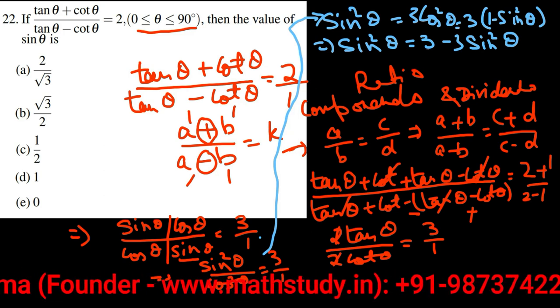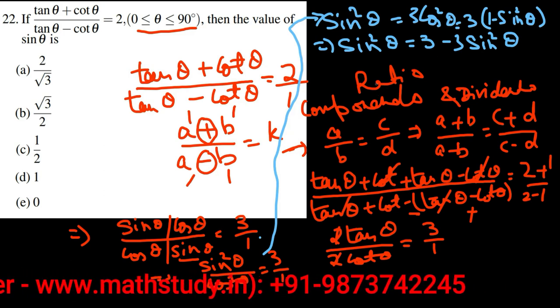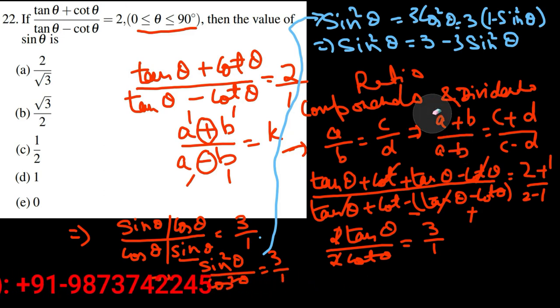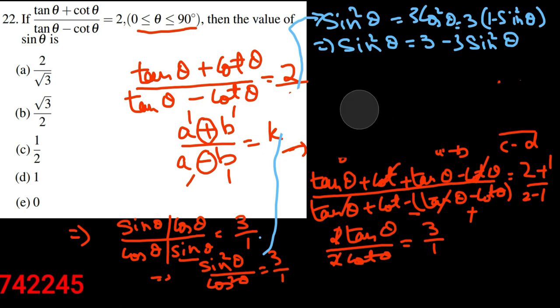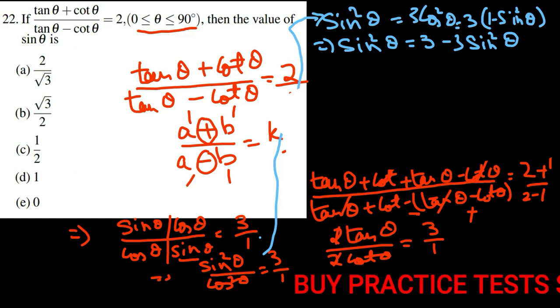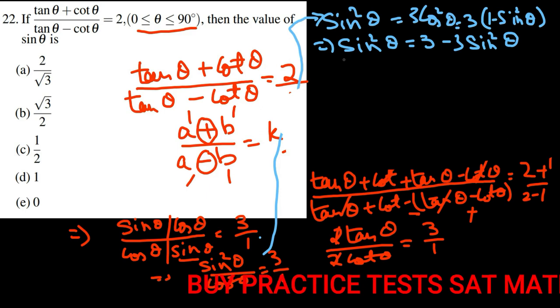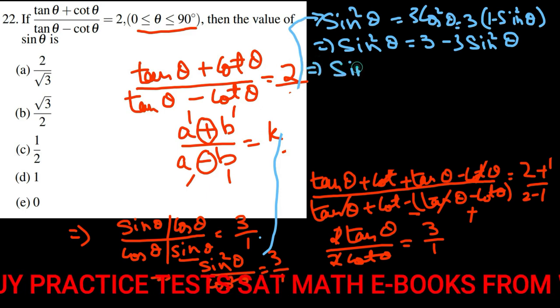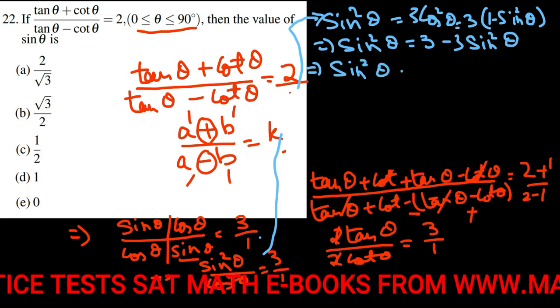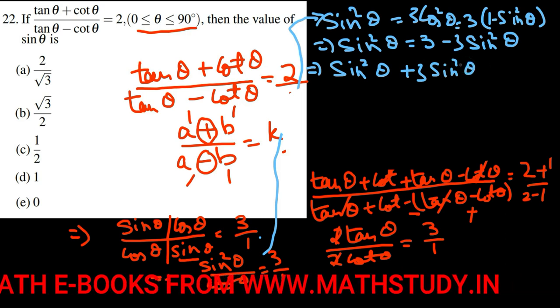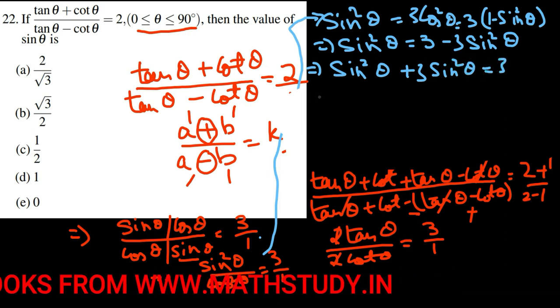Now what we will do, just simplify it. Combining the sin square terms: sin square theta plus 3 sin square theta equals 3, right?